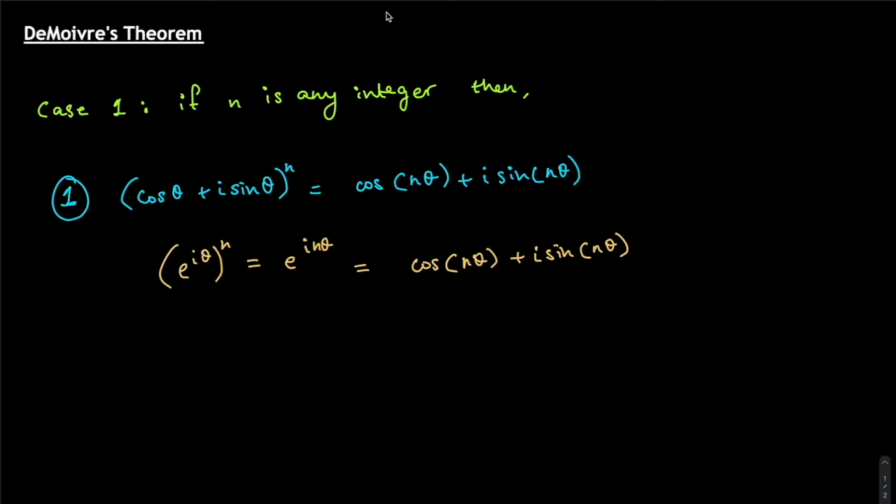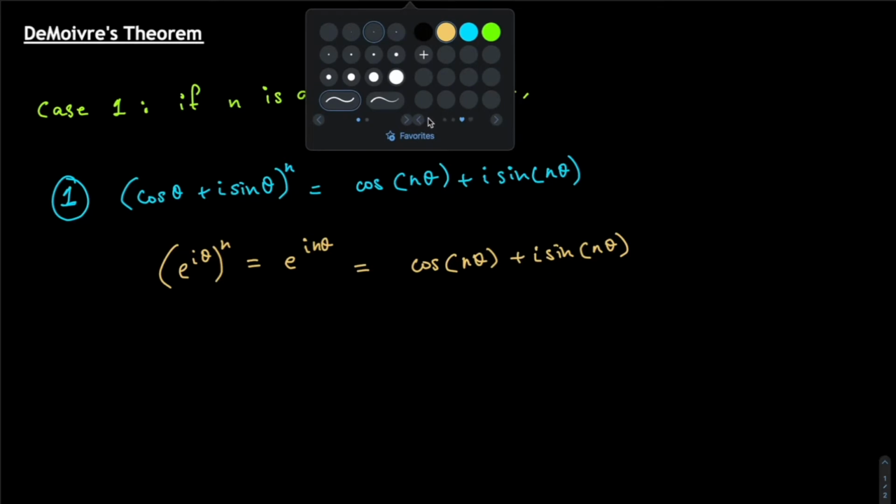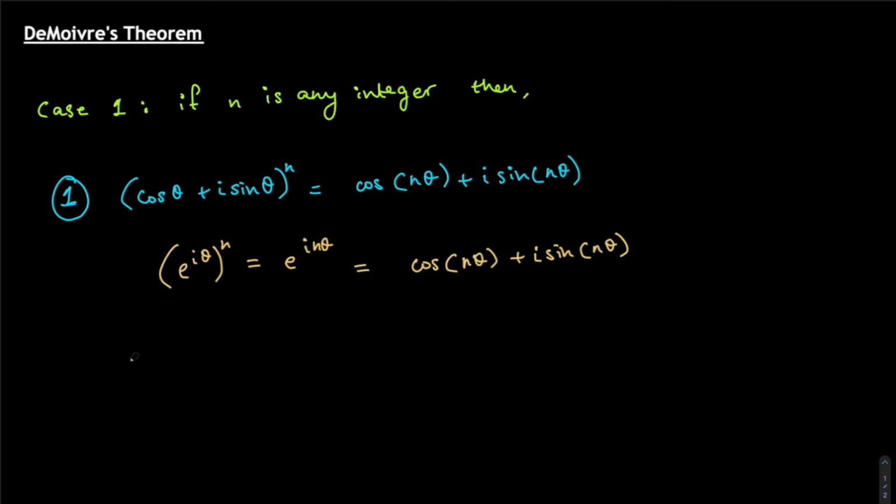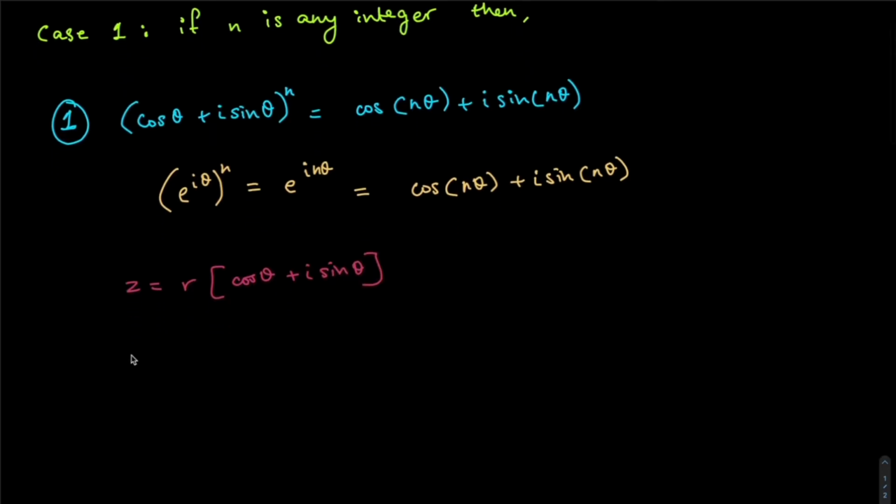Now, if I generalize this with r e raised to the power i theta, what I actually get is z, our complex number, equal to r times cosine of theta plus i sine theta. If I raise this to some power, I won't skip steps here.